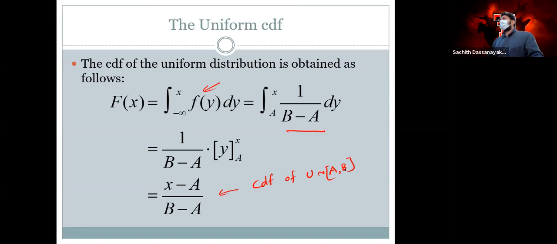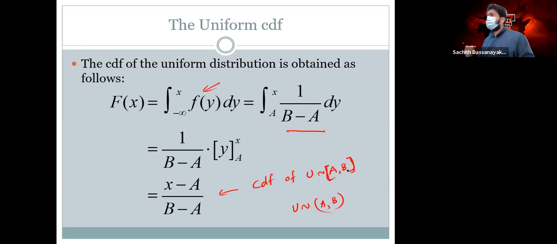Sometimes I don't think they have mentioned it here, but sometimes if A and B are excluded, then you can write it something like this: A comma B, but with A and B exclusive. So just simple brackets. Okay. Clear? Because A and B are included, that's why we use the square brackets.